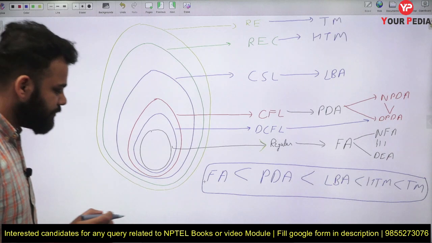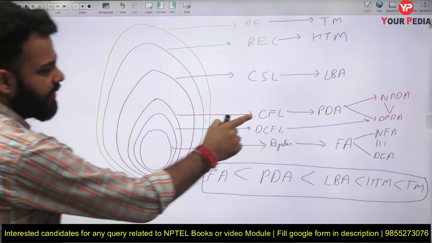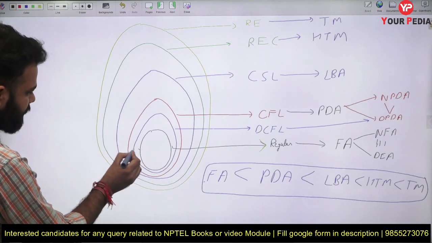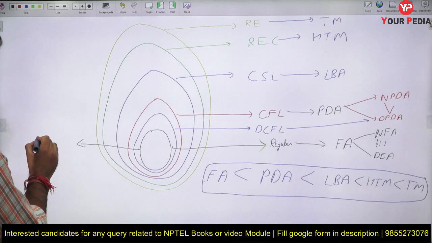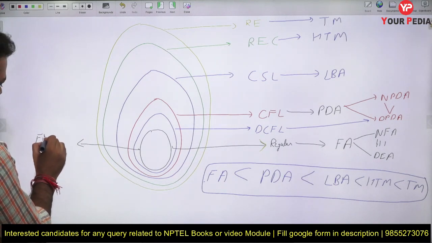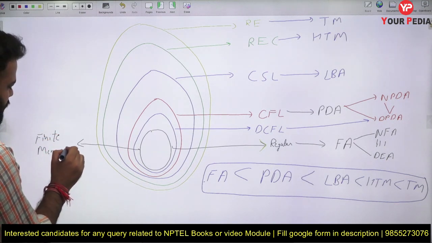Now the next thing that we need to understand is how these machines work. Finite automata works on finite memory.